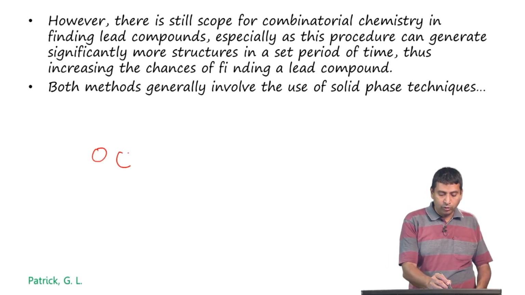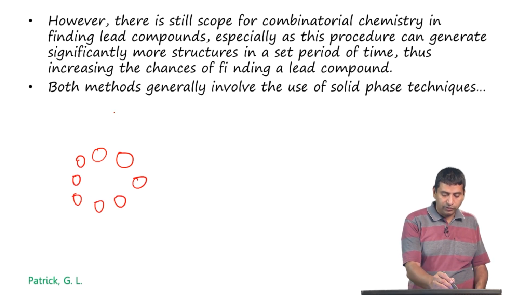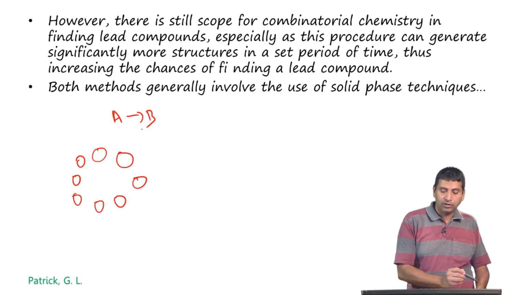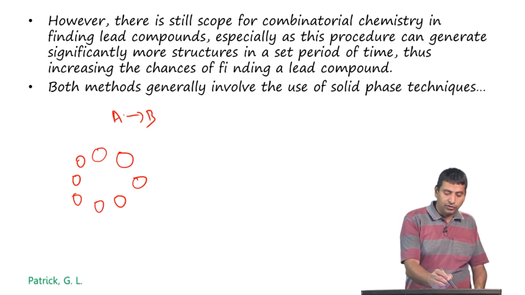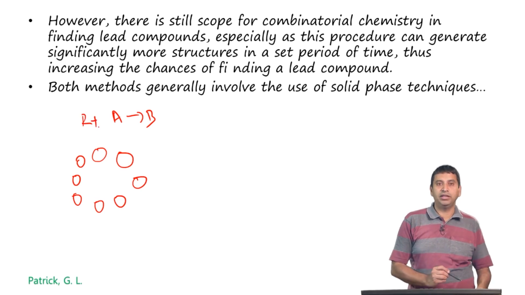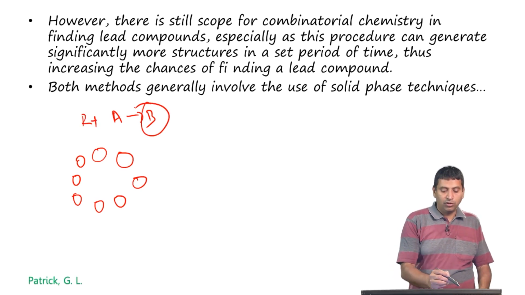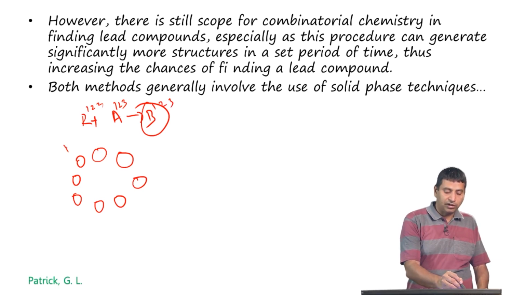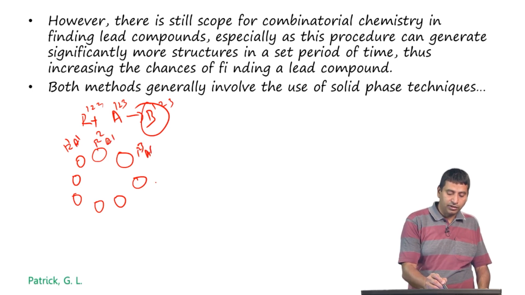So, here you will carry out various reactions. So, you have A going to B. R plus A goes to B, and B is your product. Now you would vary R1, R2, R3 and so on, A1, A2, A3 and so on, and you will get B1, B2, B3. The only thing is that you will have R1 here, you will react it with A1, R2 here reacted with A1, R3 here reacted with A1 and so on.